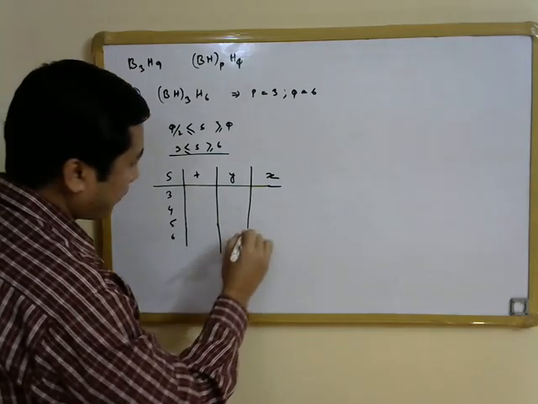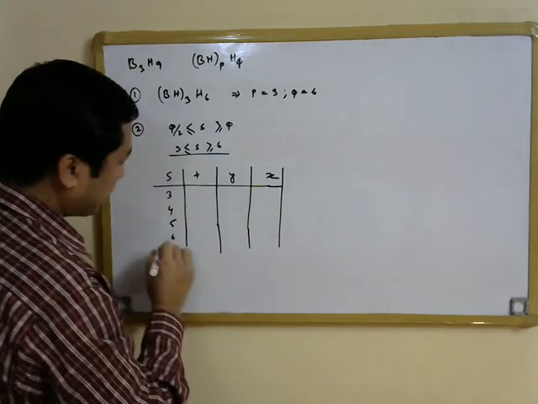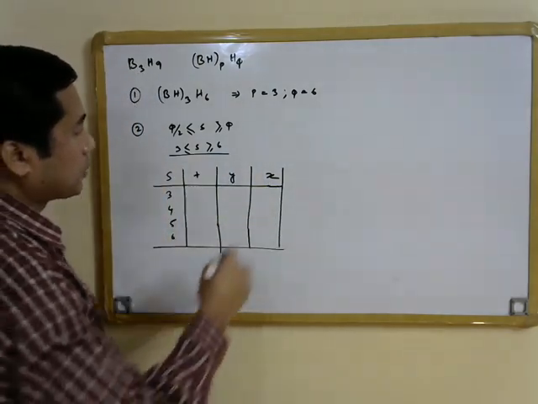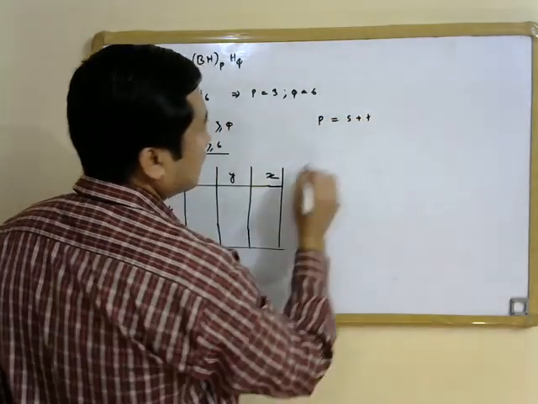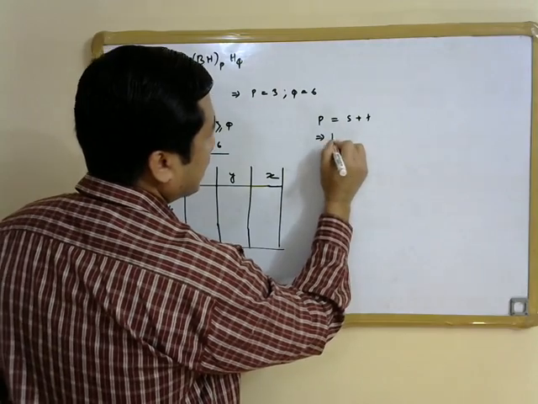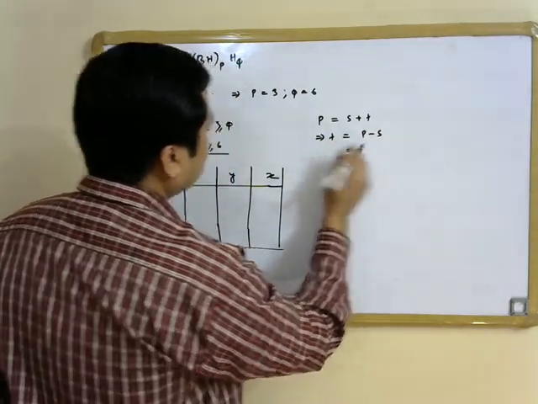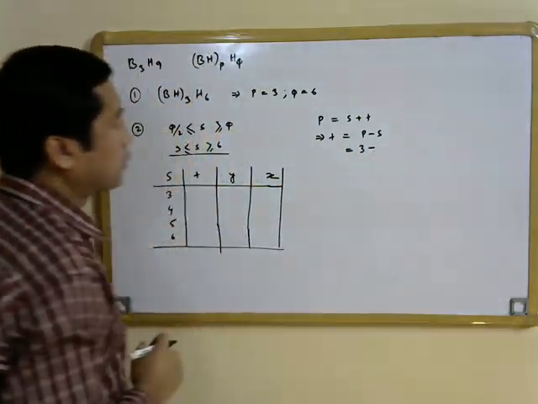Now from the other relations, we can predict the values of T as well as X. We know that P is equal to S plus T. So from here we can write T is equal to P minus S, and we already know the value of P is equal to 3.